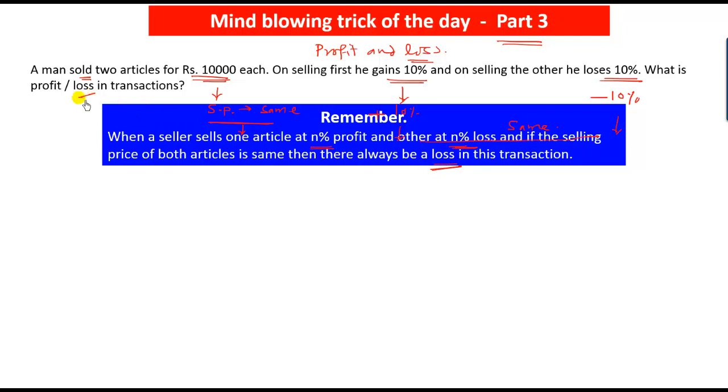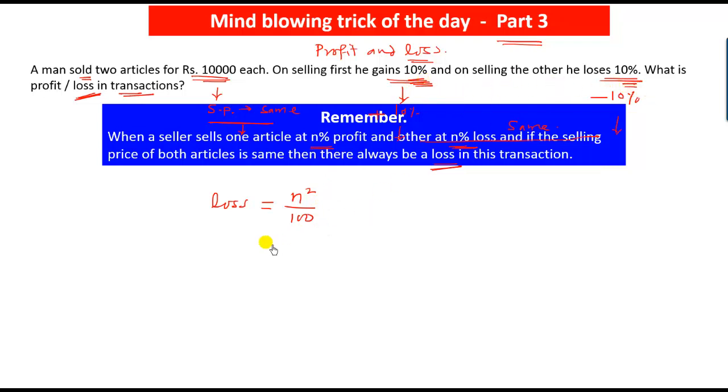So here we have to find the loss in this transaction. That loss is given by the formula n square by 100. It's very simple. You can solve and find the answer in seconds. Loss is equal to n square upon 100. What is n? n is the gain percent or the loss percent, because both are the same.